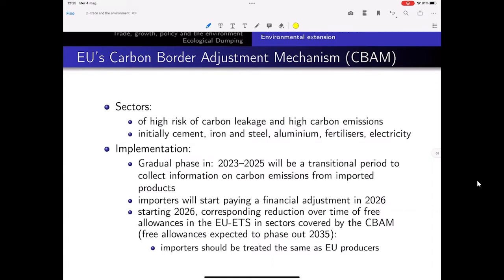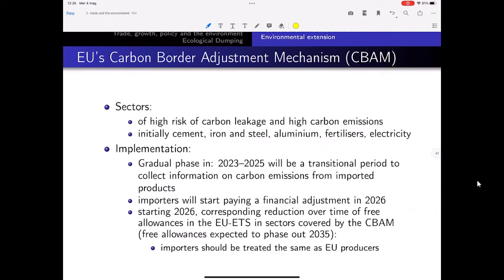industries nowadays get free allowances because of the fear of carbon leakage. So once this carbon border adjustment mechanism kicks in, the intention is to reduce free allowances. Clearly, because you're not going to tax imports but give free allowances to home producers.